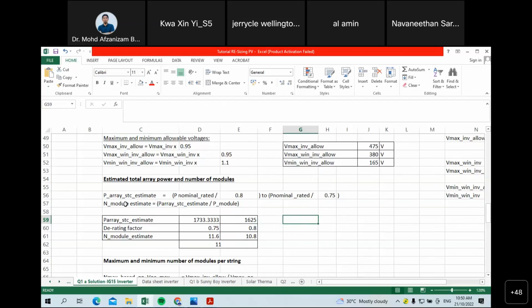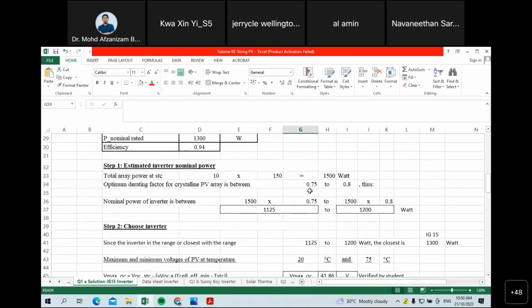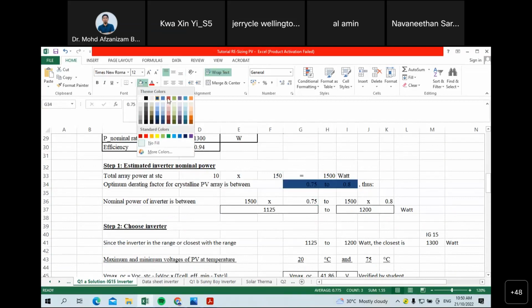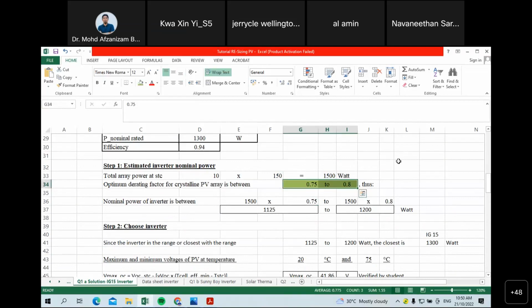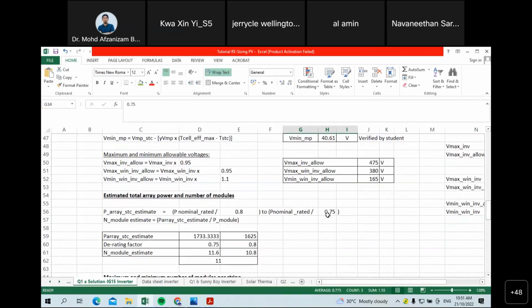So, why do we put 0.8 and 0.75? Because at first we put here 0.8, 0.5. Let's say you go for 0.8, 0.9, for example. Then you may go as well with this one, 0.8, 0.9.